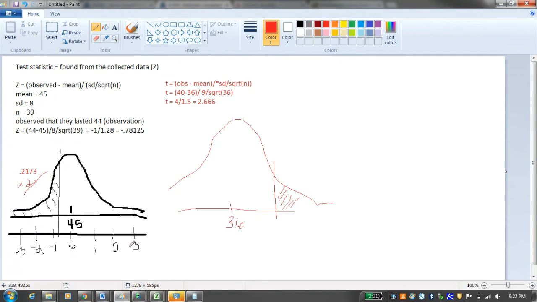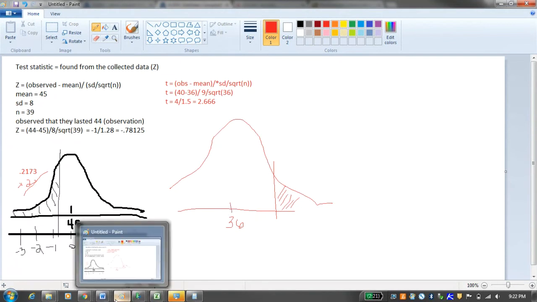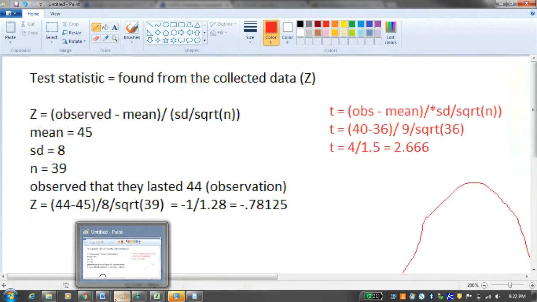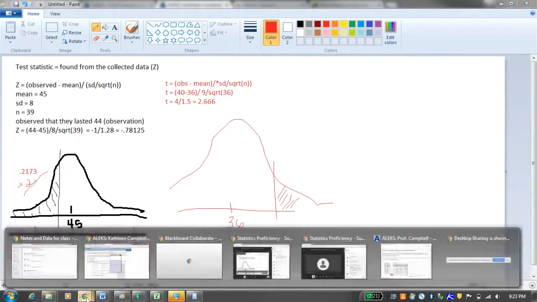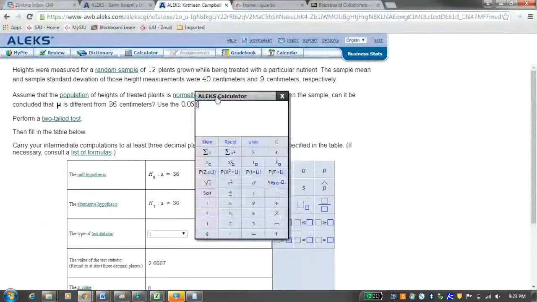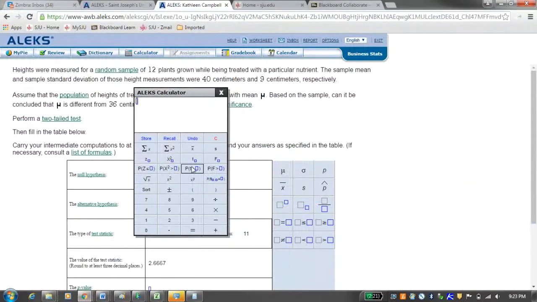The nice part, unfortunately nice because I can get out of it quicker, but you've got to be careful, is that in this case, when you look at the calculator, it's the probability t is greater than. So I got lucky that mine's greater than. Just be careful, make sure it's going in the right direction. So the probability t is greater than 2.6667 with 11 degrees of freedom.